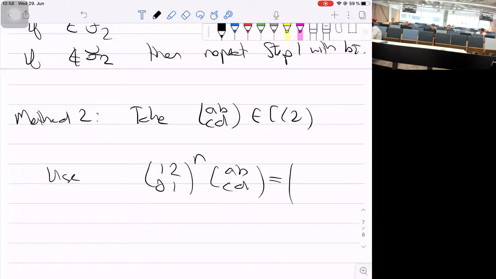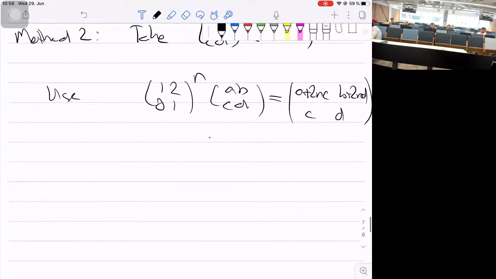It's going to change the top row of the matrix by some multiple of the bottom row, so it gives you a plus 2nc, b plus 2nd, and the bottom row again. And choose n in such a way that you reduce the sum of the squares of the entries.